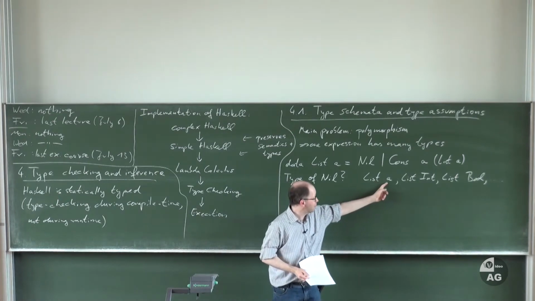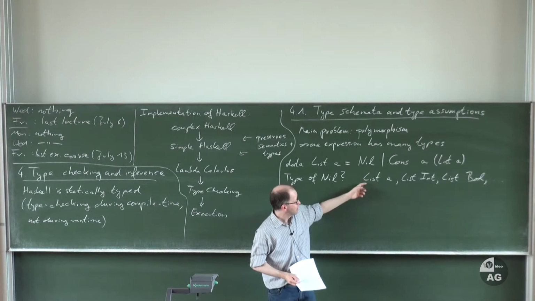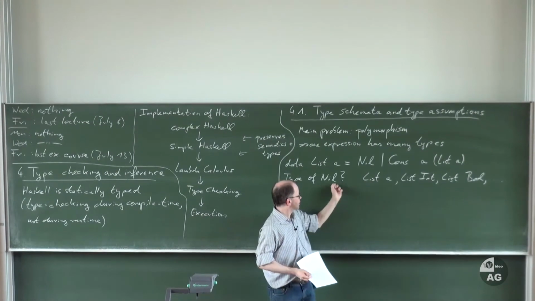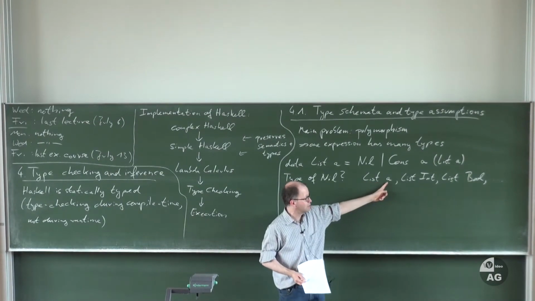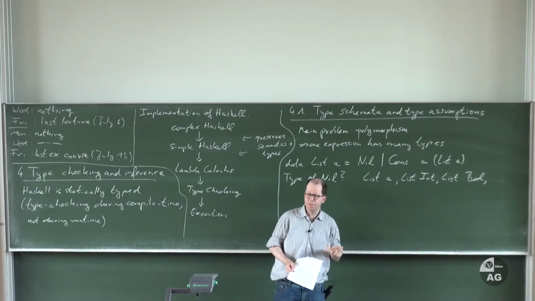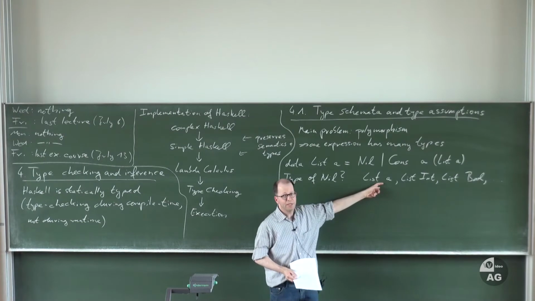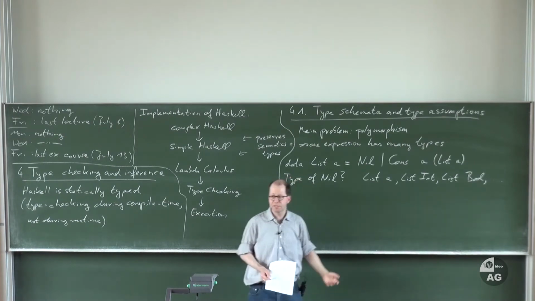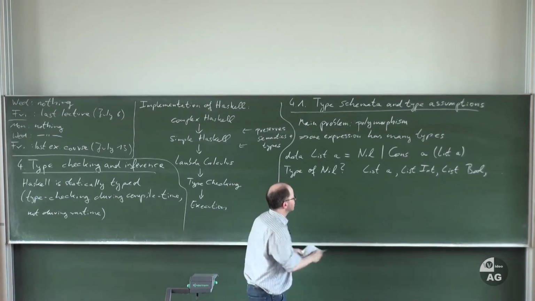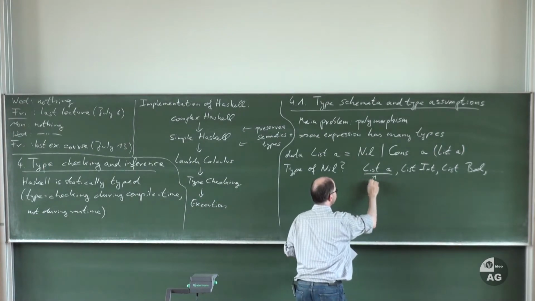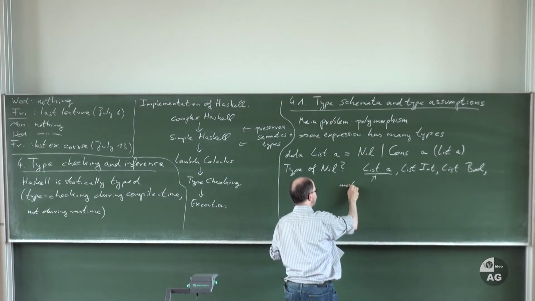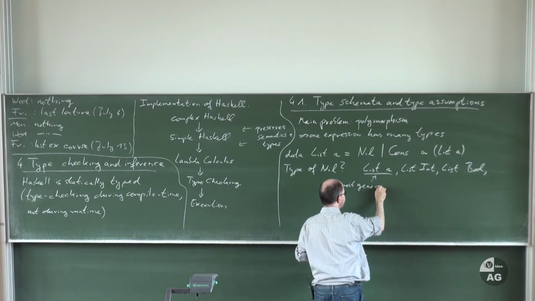So if you have a type variable in a type, then the meaning is this expression has this type for any possible instantiation of the type variable. And, of course, we want our type inference algorithm to compute this. And then we know, any variable can be instantiated by anything. So this is the most general type of nil.